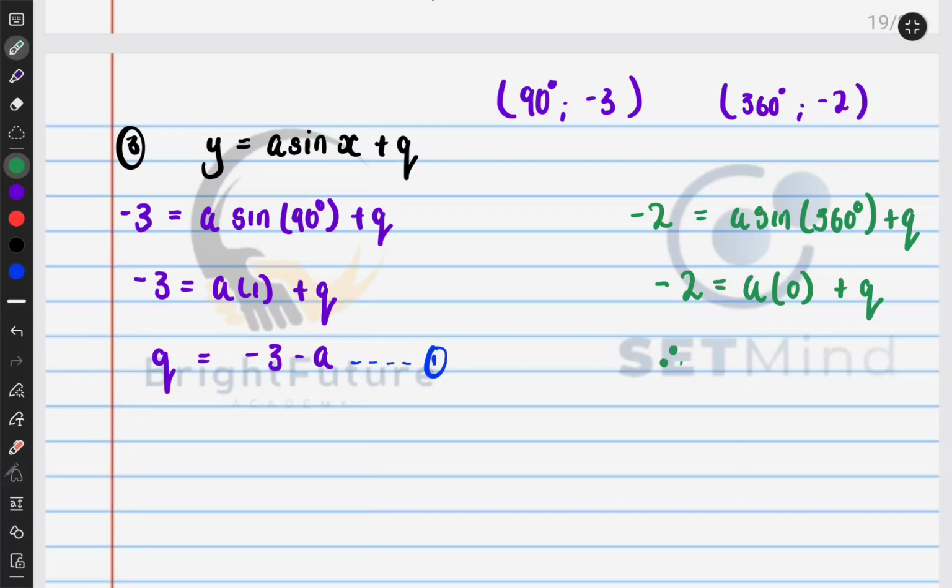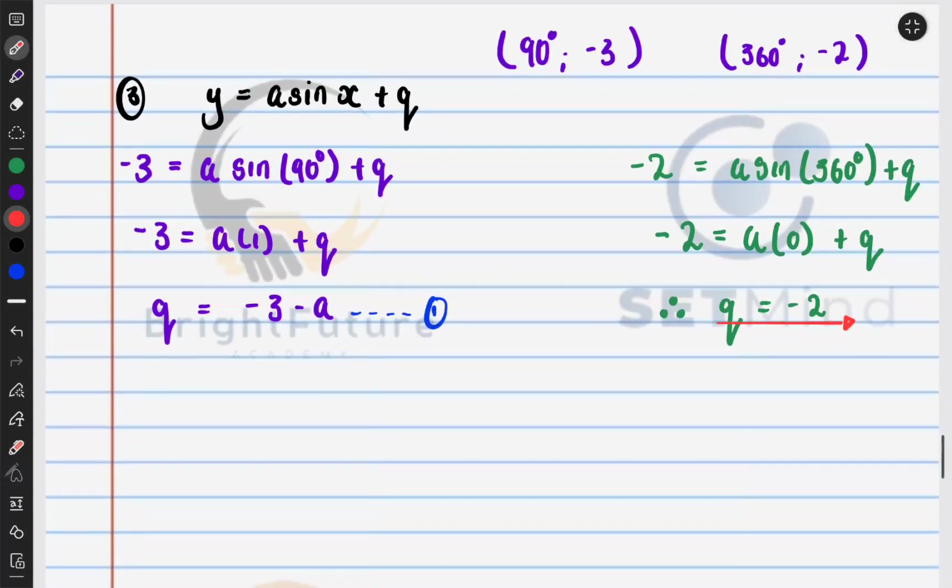Therefore, q is equal to -2. We have already solved for q, and then we can solve for a. Here, -2 is equal to -3 minus a.